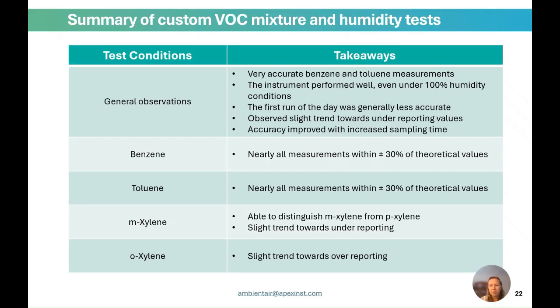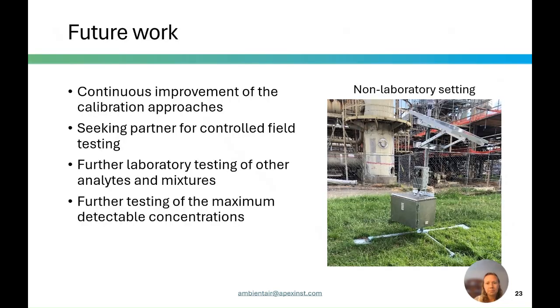We did see that the first run of the day was typically a little less accurate, and we observed a slight trend towards underreporting values, but the accuracy tended to improve with increased sampling time. For both benzene and toluene, nearly all the measurements were within the plus or minus 30% of the theoretical value threshold. M-xylene, we are able to distinguish from p-xylene, which is quite difficult to do. And then we saw a slight trend towards underreporting M-xylene and a very slight trend towards overreporting O-xylene.